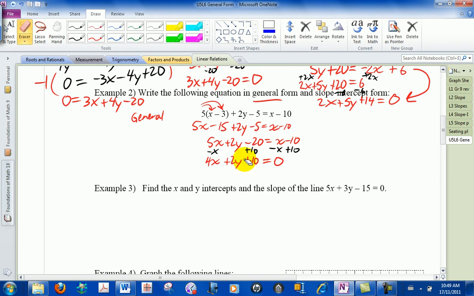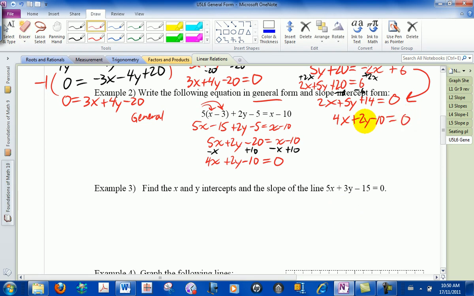Thank you so much. Negative 10. Okay. Good. What form is that? Is that slope-intercept? General. Okay. So now what we do is we can start with our general form and change it to slope-intercept. So we have 4x plus 2y minus 10 equal to 0.